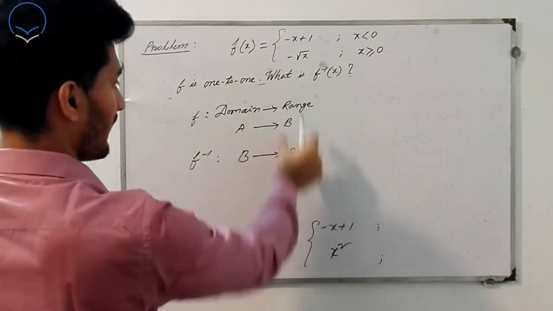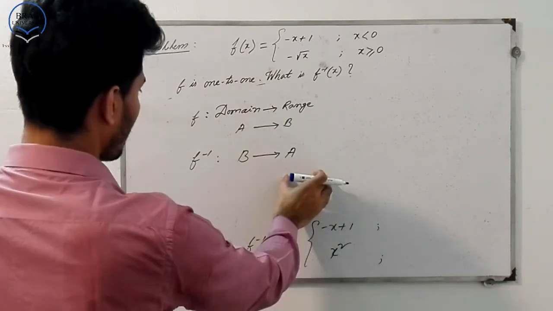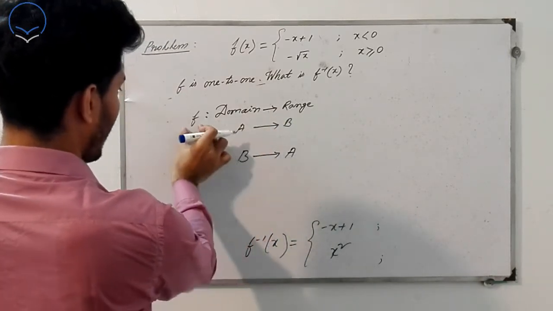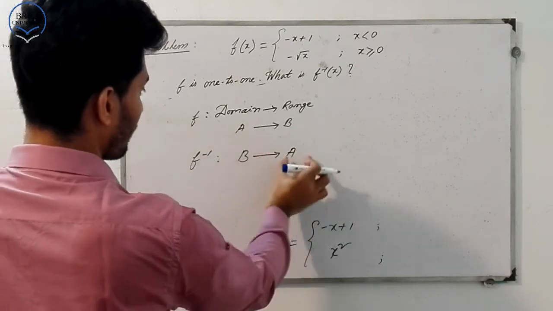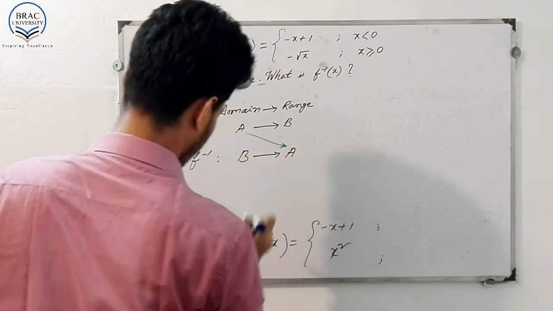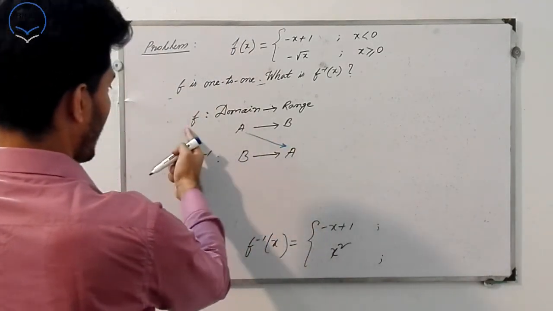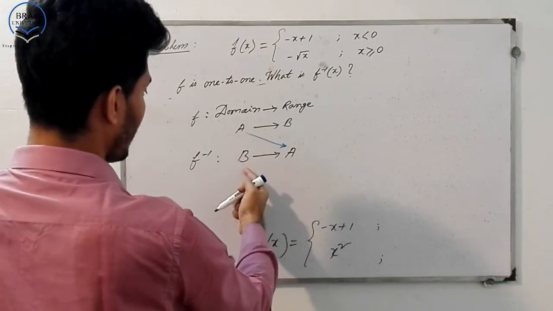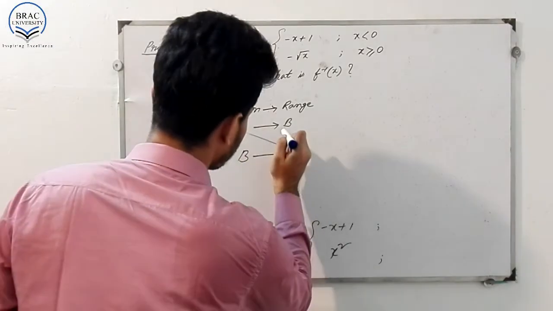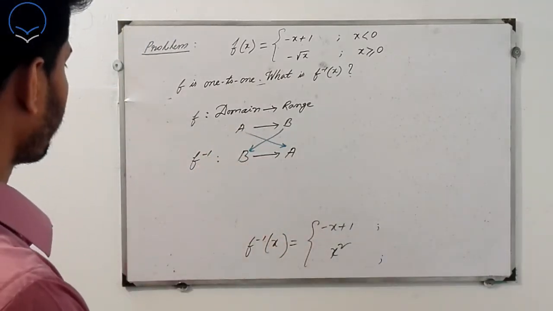Think about it column wise. This is the domain column and this is the range column, right? Now the domain of f becomes the range of f inverse. So we can see this connection, and then the range of f becomes the domain of f inverse. So you can see another connection. So they swap between each other.